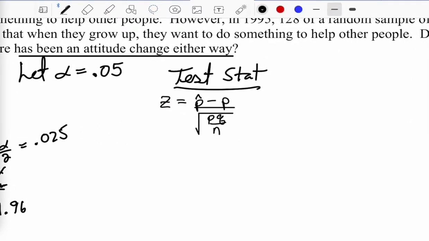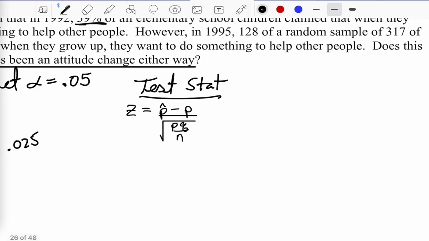So the p-hat, the sample of information that they gave us: 128 successes in a sample size of 317. So p-hat is going to be 128 over 317, x over n. It doesn't look like it's going to be too beneficial to put that in decimal form, so I'm going to leave it as is.